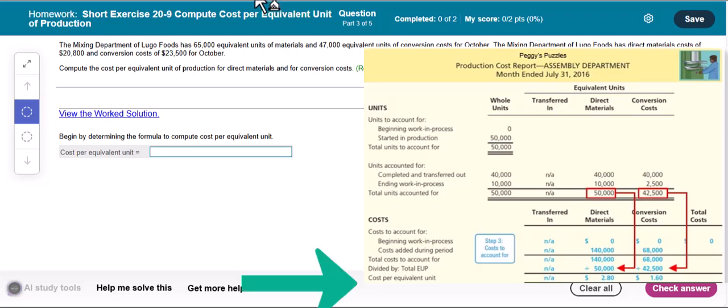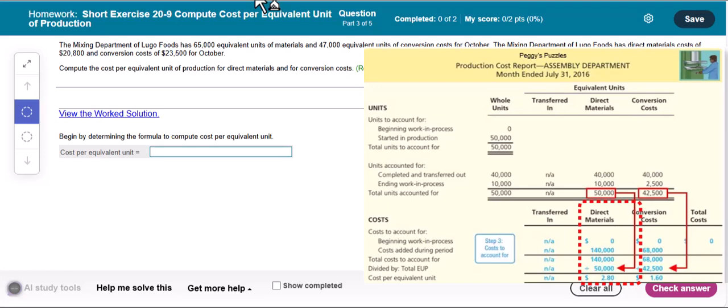So going back to this slide, we had $2.80 for the direct materials. The way we calculated that is we took the total cost of direct materials, which is $140,000. That included the beginning work in process, which was 0, and then direct material costs added to the department during the period, because there's $140,000 of costs.